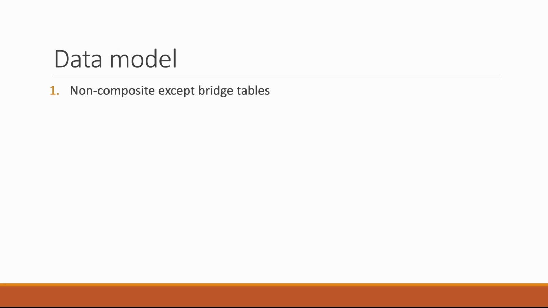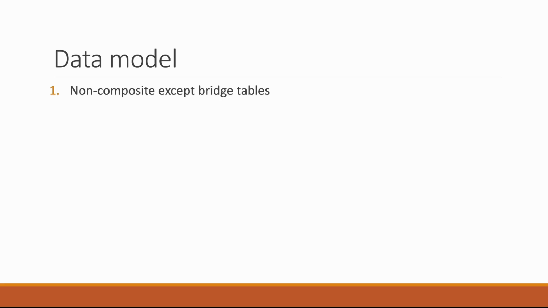In OpenMRS, there are no composite keys. Every table's primary key consists of only one column. That's one of the important distinctions, or you can say key attributes, of the OpenMRS database, except the bridge tables.